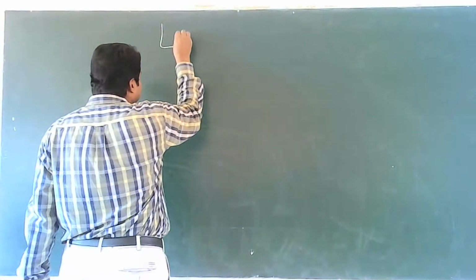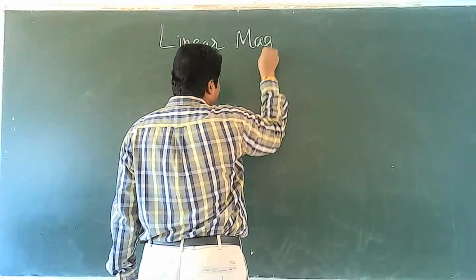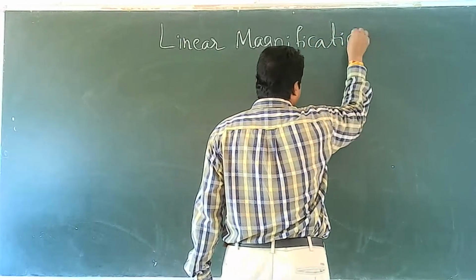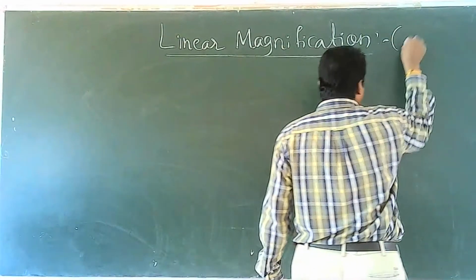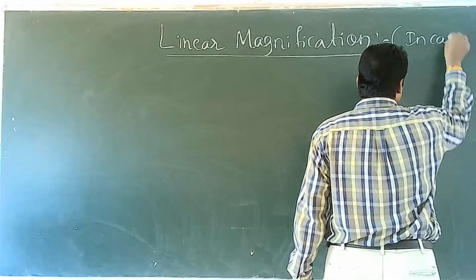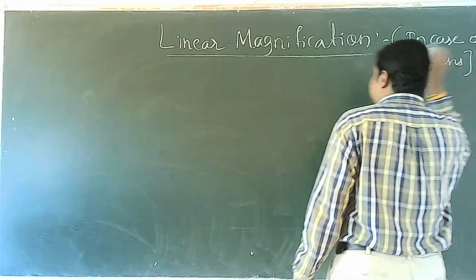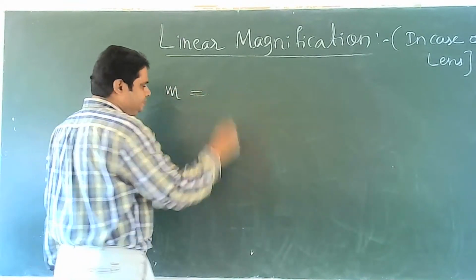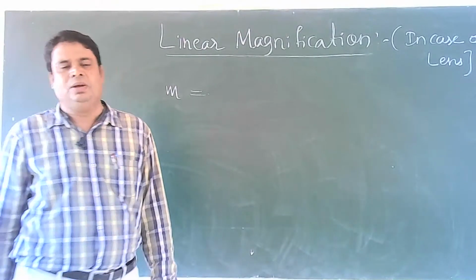Let me write: linear magnification in case of lens. What is linear magnification? Let me write linear magnification as M.